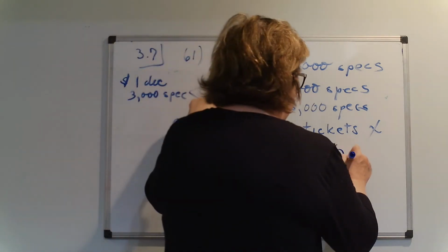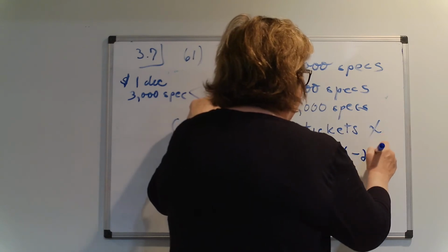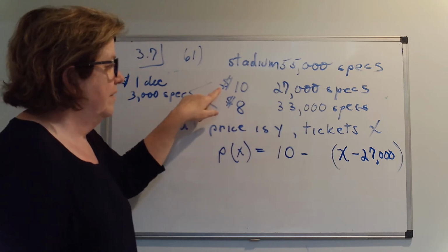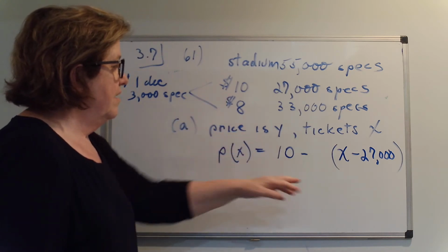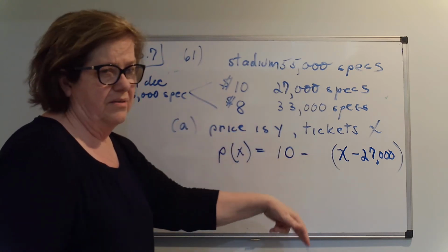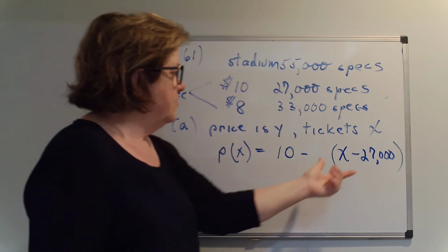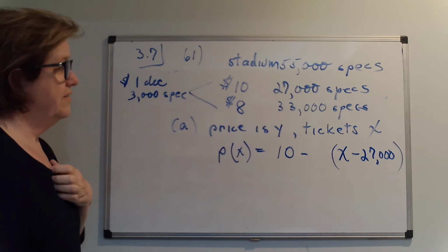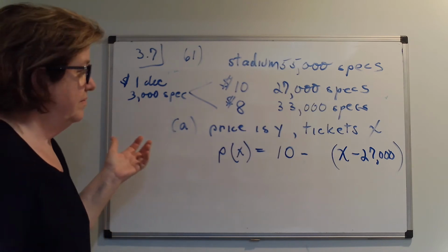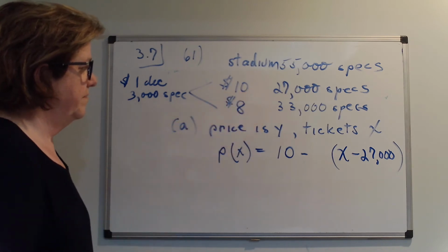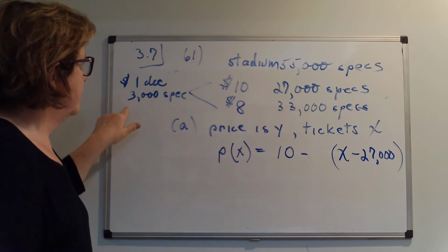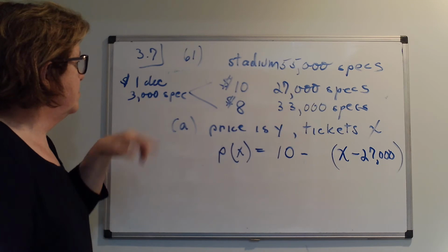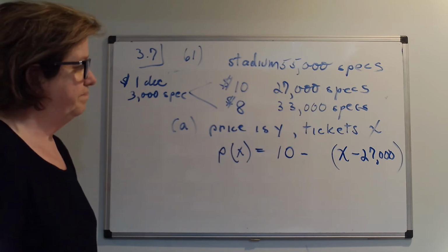I'm going to look at the difference between the X I want and the 27,000. Now, I've got to multiply by something. If I have a difference of, let's say, 6,000, like I had here, I've got to go down $2, because for every 3,000 spectators I go down $1.